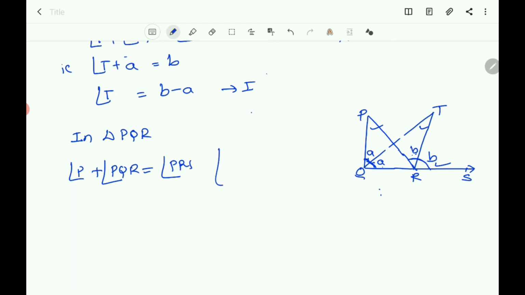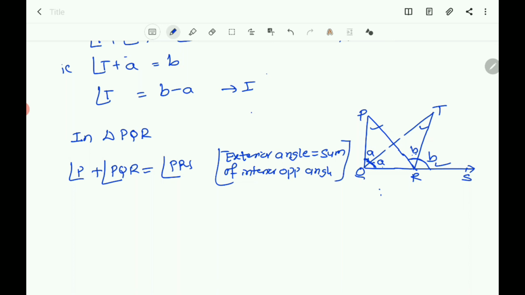Again the same reason, you know that an exterior angle equals the sum of interior opposite angles.